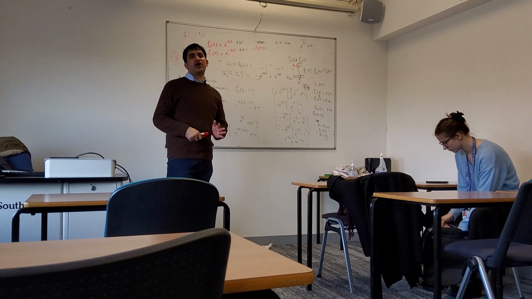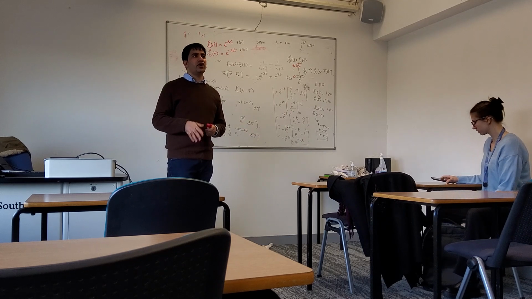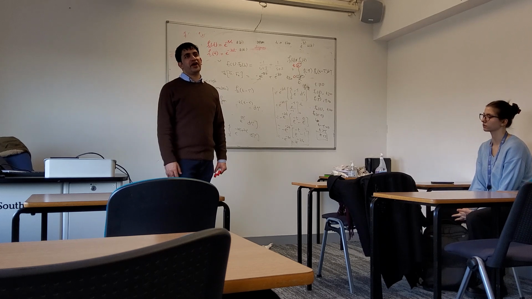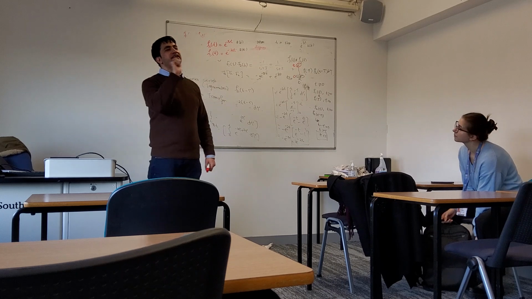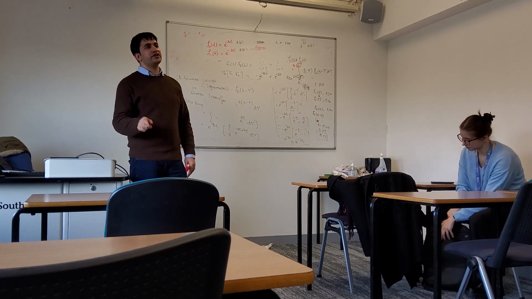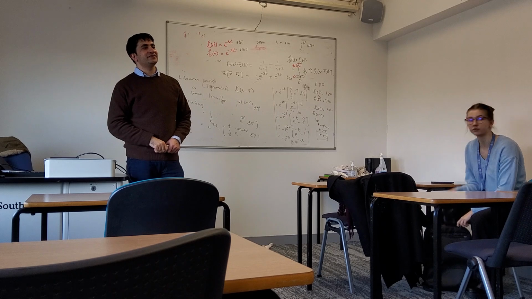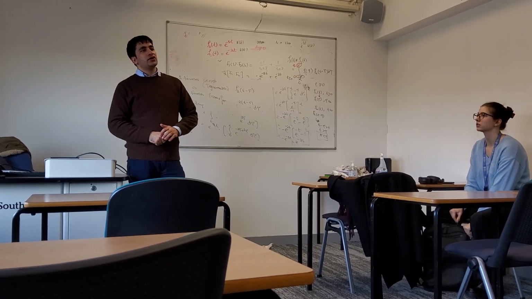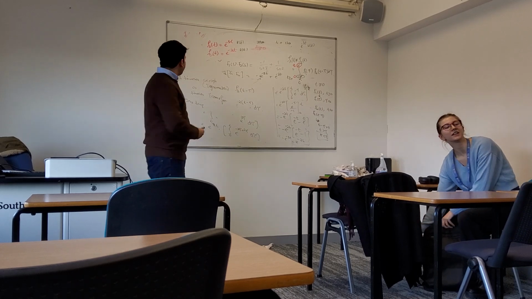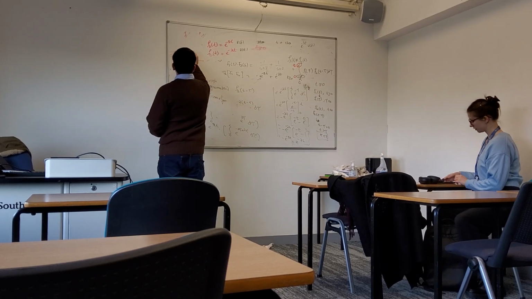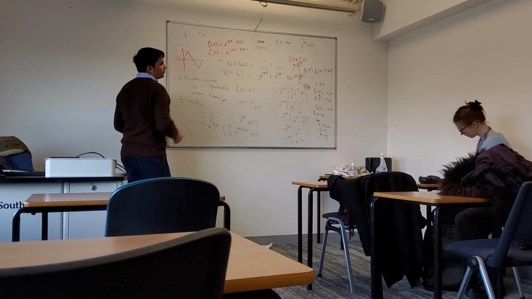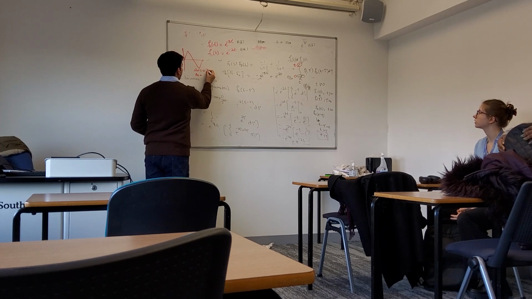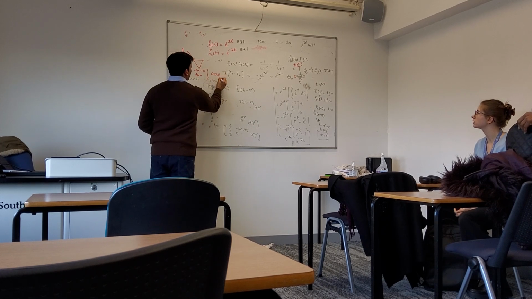If for example this is an odd function, you can say this is an odd function and Bn is 0, but you have to provide reasoning. If you directly write Bn equal to 0, you will not get marks, not in the phase test, not in the final exam. If this is your function, we know that a0 is 0 and an is 0 because this is an odd function.